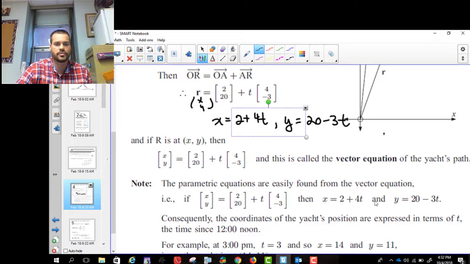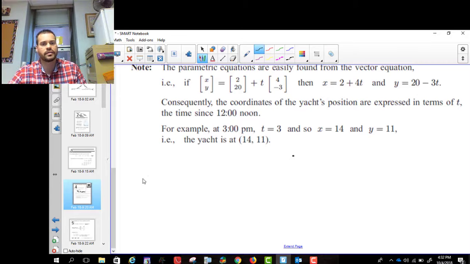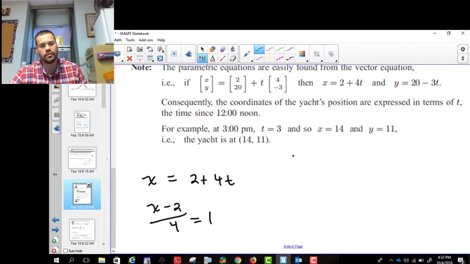There are our parametric equations. We can go to our Cartesian equation by solving those for t. So we have x = 2 + 4t, so (x - 2)/4 = t.